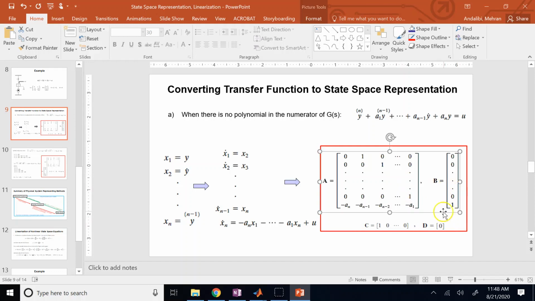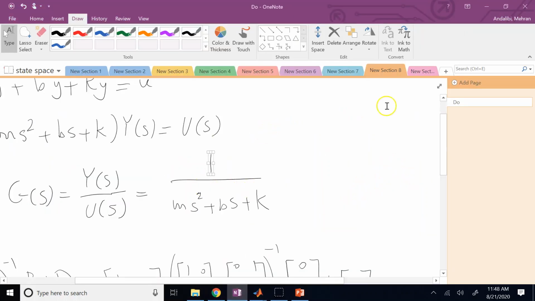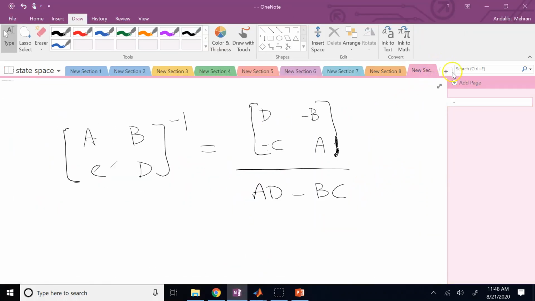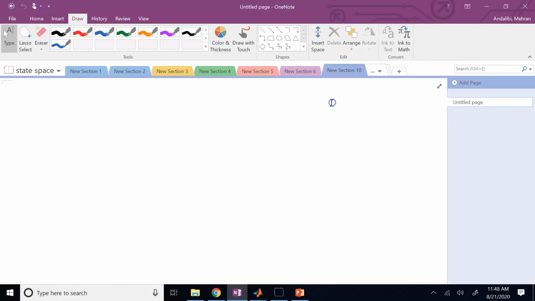Yes. Let's find that. So let's see if what we said here can be applied to this example, right? So in this example, I say, well, my transfer function is this.